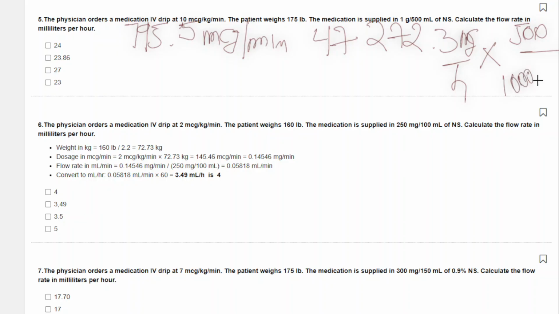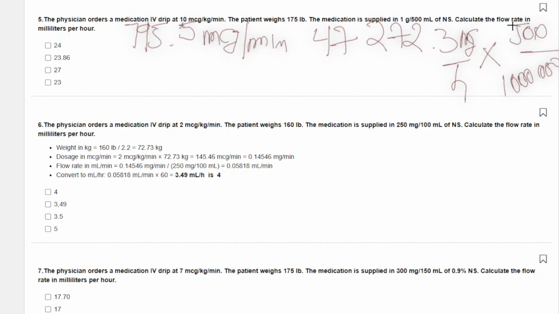So multiply that by 500, and then we're gonna divide that by 1 million because 1 gram equal 1,000 milligram equal 1 million microgram. By doing it like that, we got 23.86.